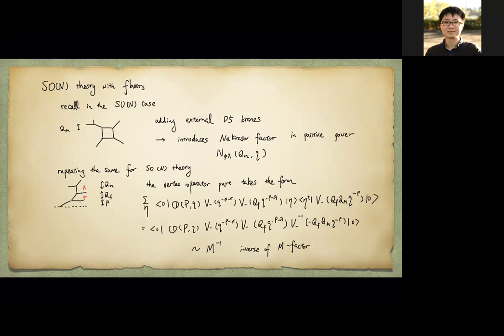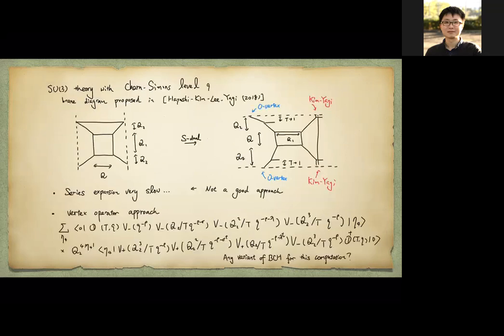But once we go to the refined Omega background, they contribute again, so we have to take them into account again. Naively, it looks like something different to be obtained in our topological vertex formalism.